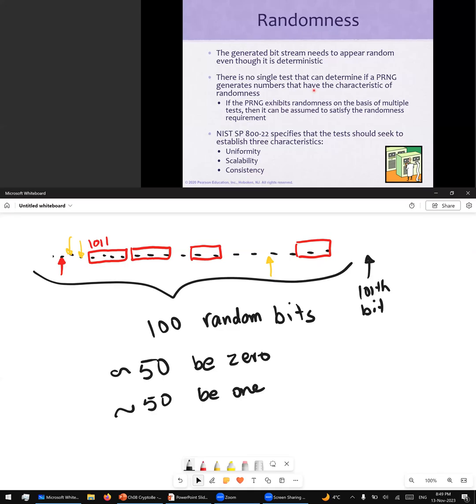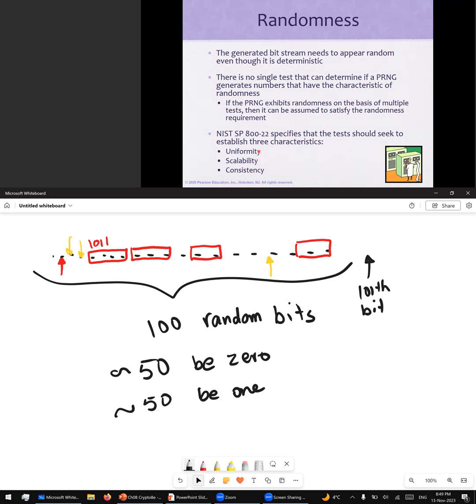All right, so where we left off was with the randomness characteristic of a pseudorandom number generator. We talked about the NIST SP 800-22 test, where we're basically trying to establish three characteristics of the randomness. Number one, uniformity; two, scalability; and three, consistency.